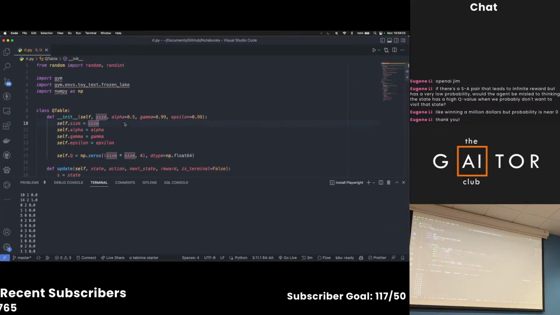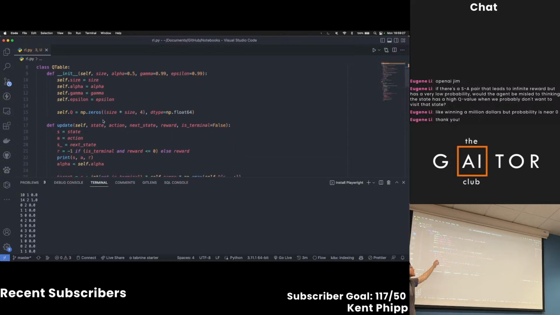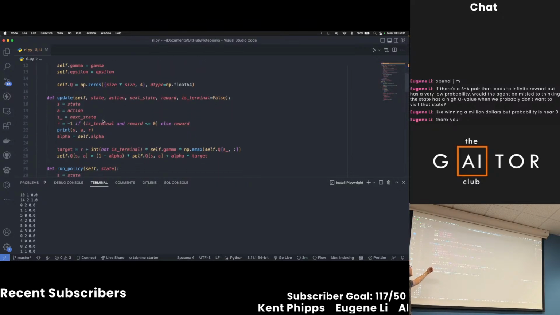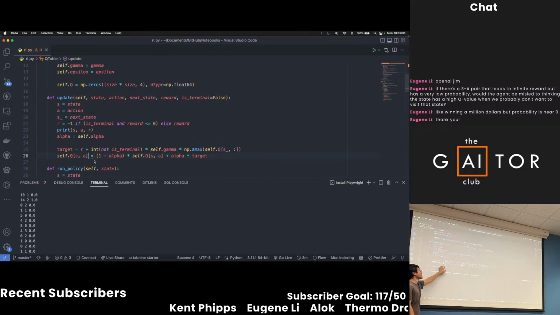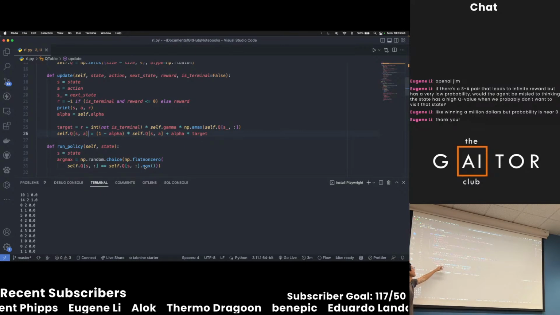Essentially we're going to define this Q table class in which we have our hyperparameters like size, alpha, gamma, epsilon. We can update it with all those values. And we're going to update the Q table at the state and action pair with 1 minus alpha times, etc. This is our update of the Q value with the Bellman update here, target.